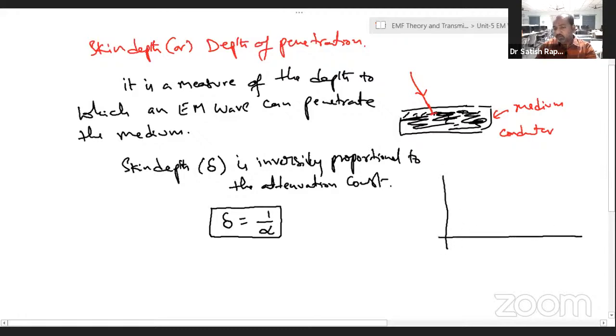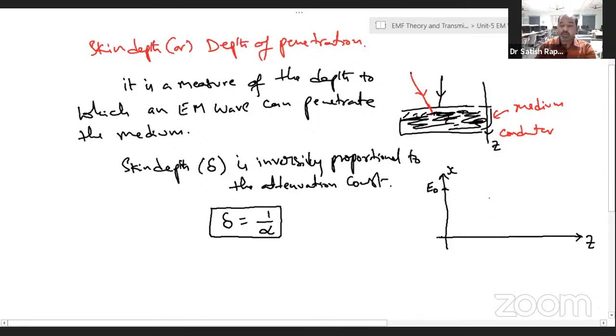And we can also define skin depth technically like this. Let us say the wave is traveling in this direction, this is Z, and let us say this is X. When the wave is incident on the surface, let us say the amplitude of the wave is E naught.